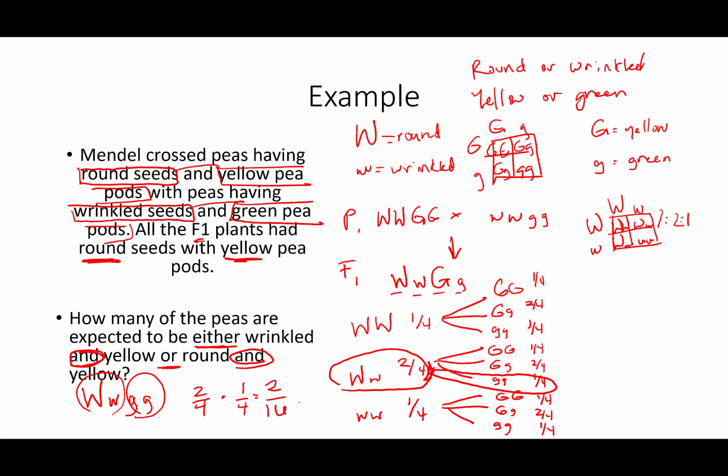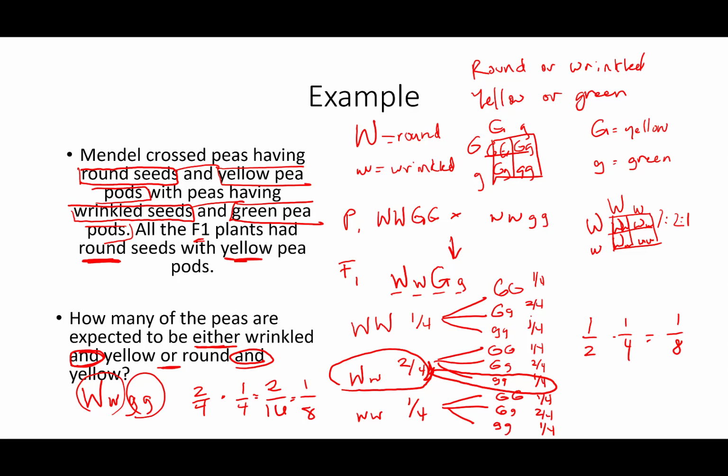Two 16ths. Okay, I could have left this as 1/2 with the product rule. You can multiply fractions with different things. It's going to give me the same answer. Equal 1/8. If I reduce this down, 1/8. Okay, so that's how you use the forked line method for the genotypic.